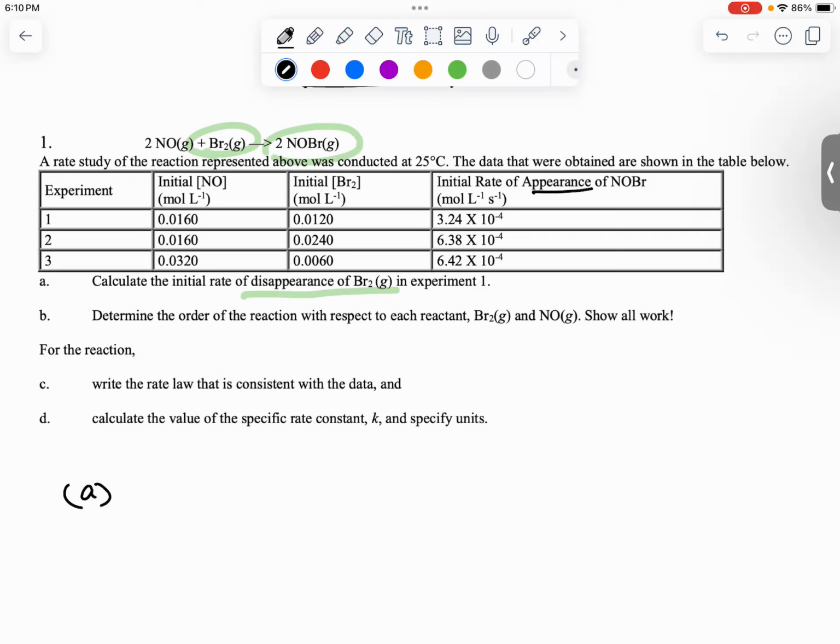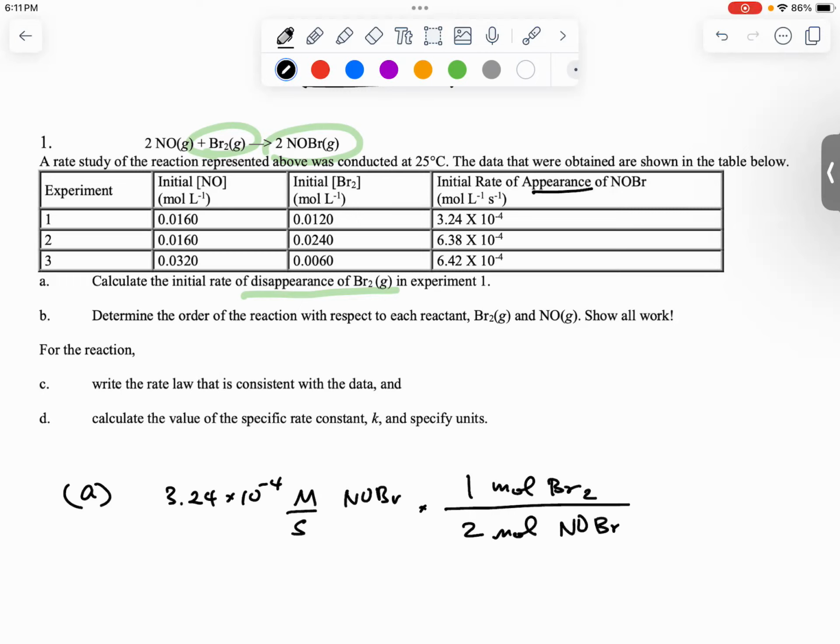For part A, you can simply use the rate that's provided in the table for experiment 1, which is molar per second of NOBr. But then what do you multiply by? 1 mole of Br2 over 2 moles of NOBr.